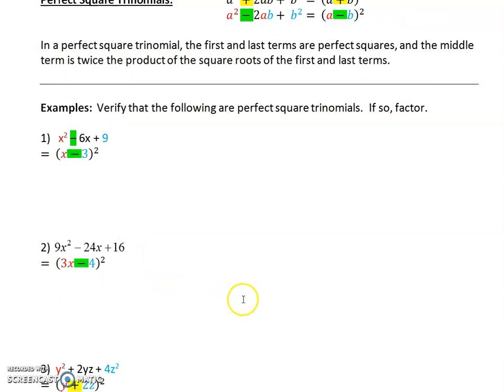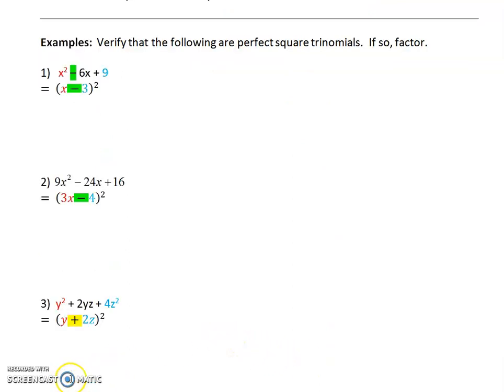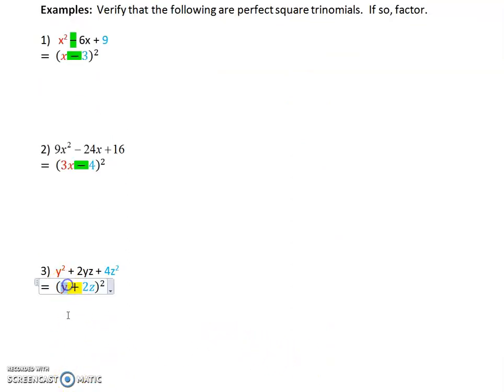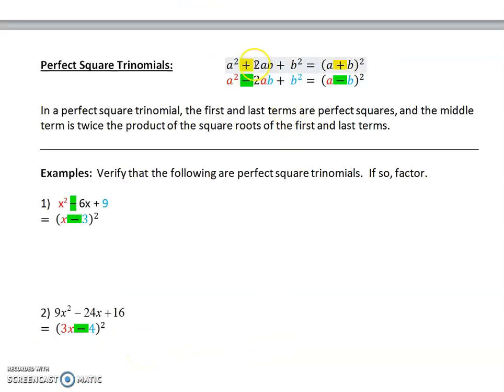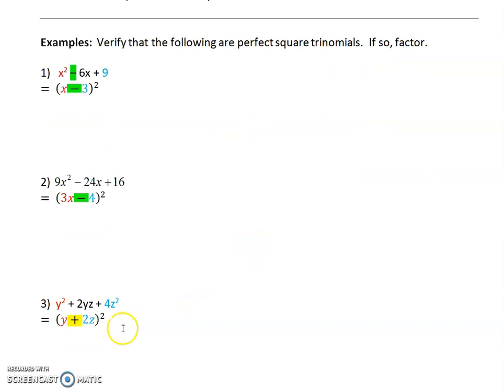And again, the way that we do that is we double the a and b together. So if I take your a, supposedly in this question is y, and the b, which in this question is 2z, and I multiply them together, I'm going to get 2yz. Now remember, you're going to double that answer. So 2yz doubled should be 4yz, and that actually doesn't match this middle term.